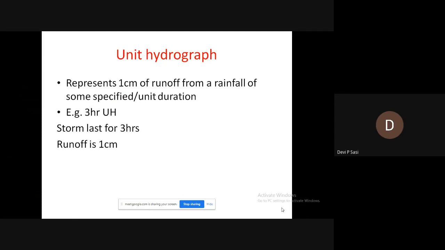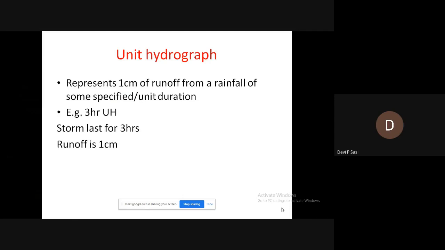That means the rainfall lasts for 3 hours, but the runoff is 1 centimeter. Similarly, a 6-hour unit hydrograph means the rainfall lasts for 6 hours, but the runoff or the rainfall excess is 1 centimeter. That is what is called a unit hydrograph.